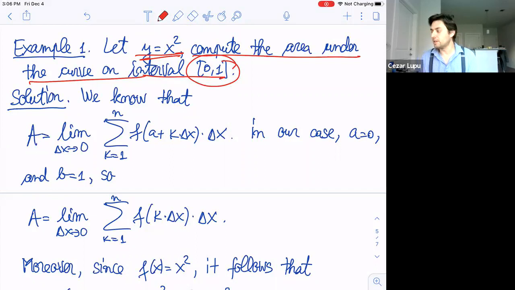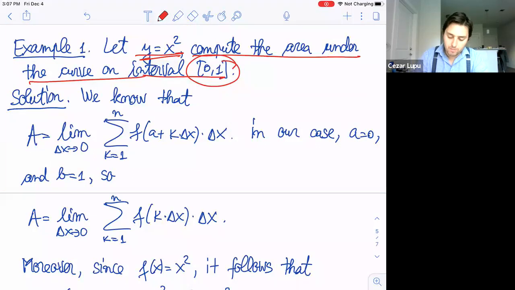The only difference is that you will have to deal with the sum of cubes and so on. You can just play around with any function you want. If you have a much more complicated function than a polynomial function, you have to deal with sine and so on. But in our case, we just deal with polynomial functions.